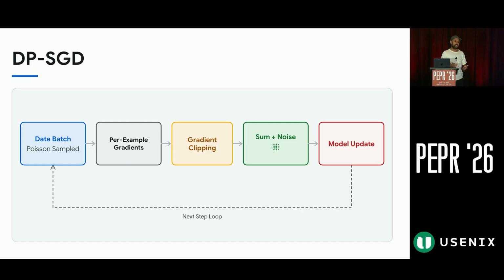Next, we calculate the gradients using backpropagation. In DP-SGD, we have to clip these gradients so that each example's contribution is bounded. Then we sum these gradients and add some noise, and then we perform the model update.